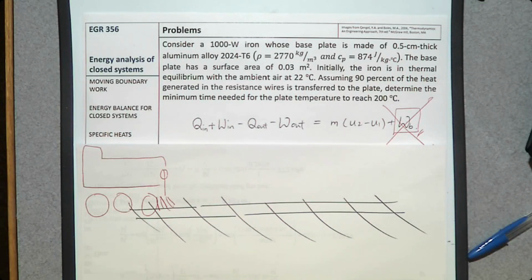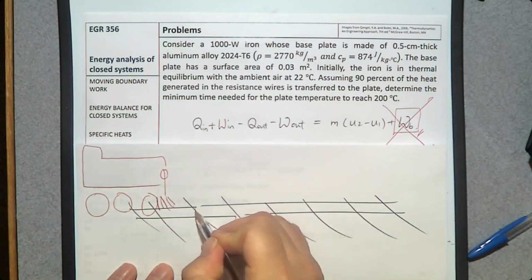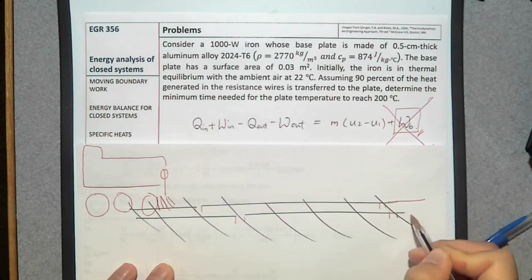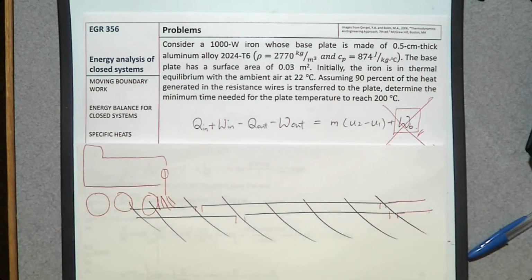Because the railroads have gaps, right? Whenever it passes through, you feel the vibration, right? Why do they make it like that? Because of thermal expansion. When temperature goes up, the rail becomes longer. So if you don't cut it in the middle, the railroad is going to be bent, right? That's thermal expansion.